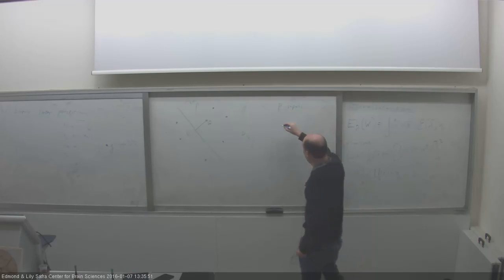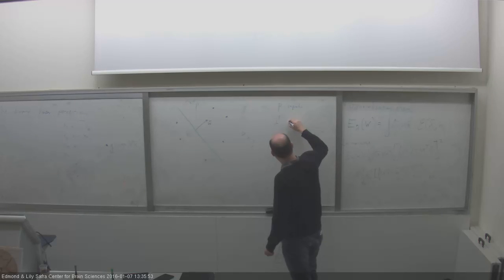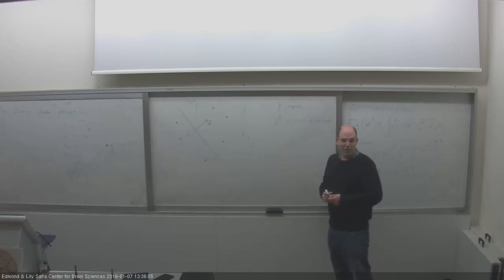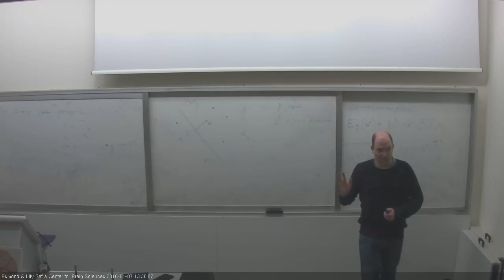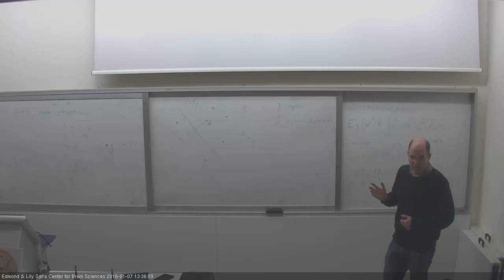Because we can decide for each one of the inputs. So now we have a number, but maybe not all of them can be realized by a linear perceptron.